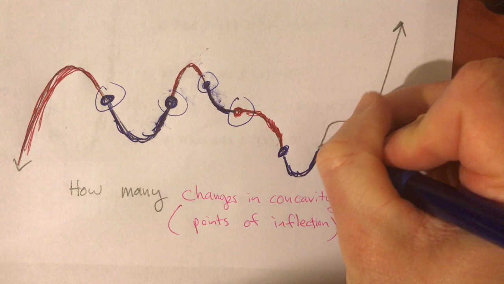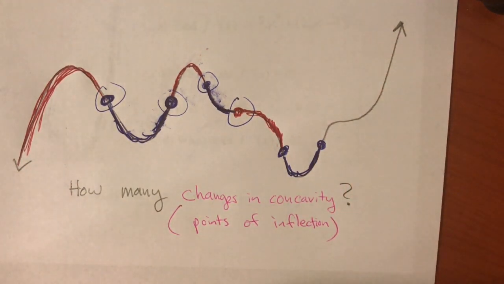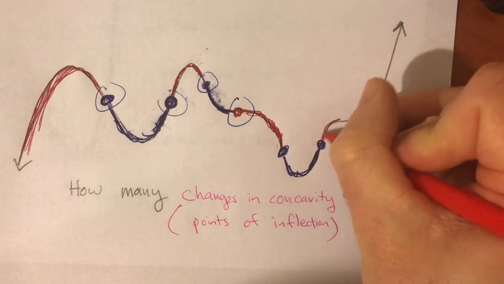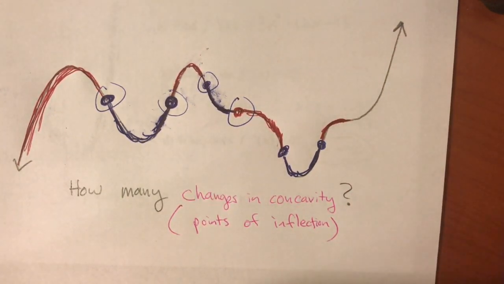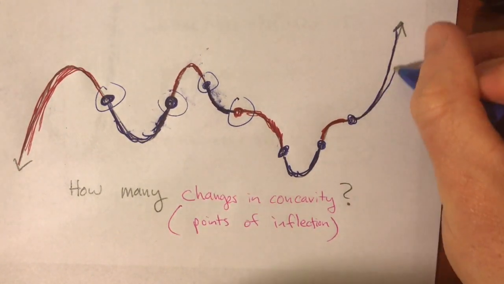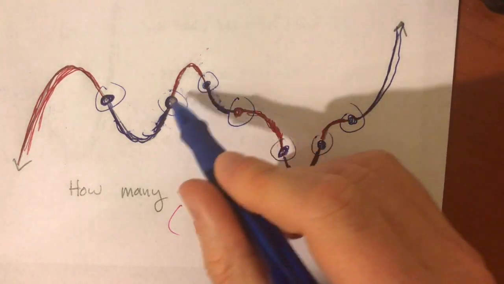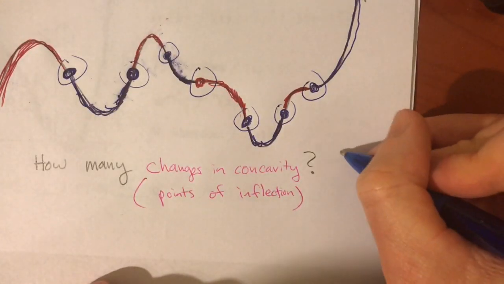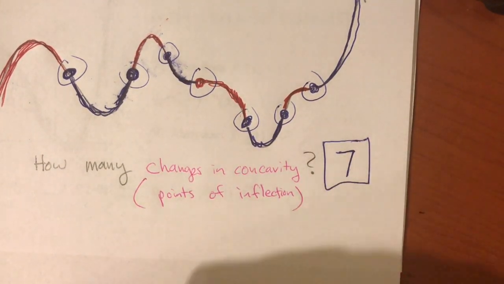Concave up, concave up, concave up. It switched again right there, that little section right there looks concave down, and then it switched again one last time to being concave up. So 1, 2, 3, 4, 5, 6, 7. That had 7 inflection points on that graph, or 7 changes in concavity.